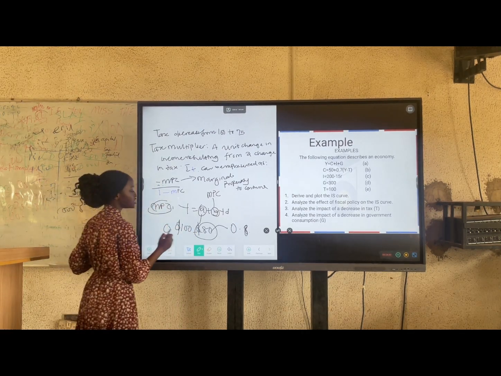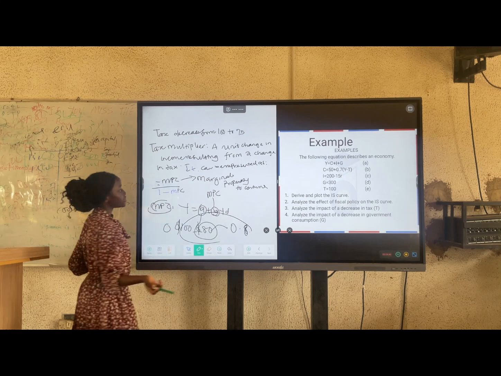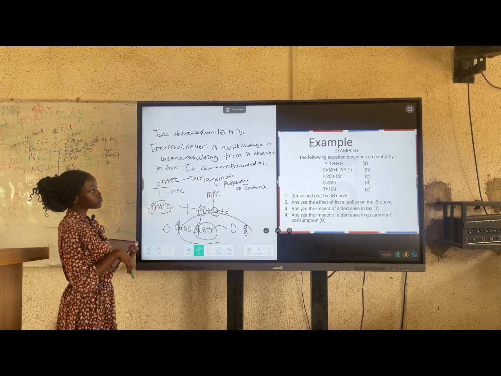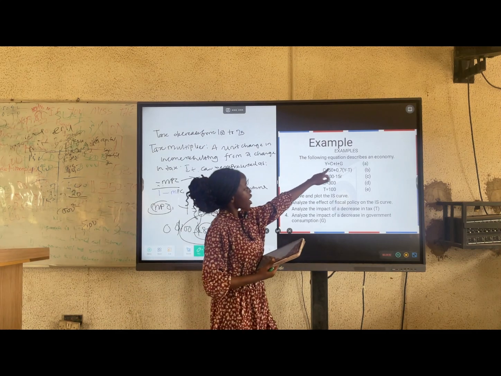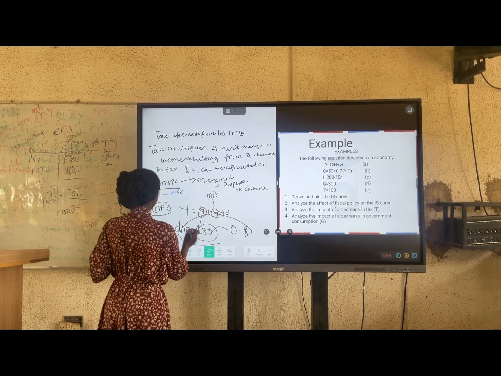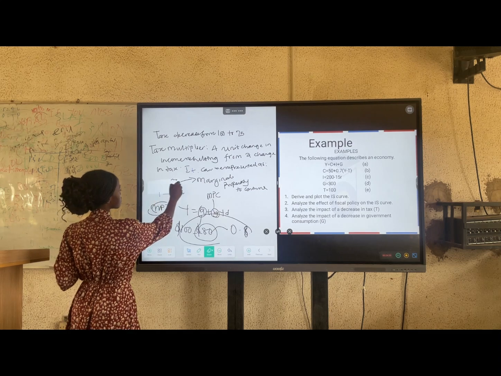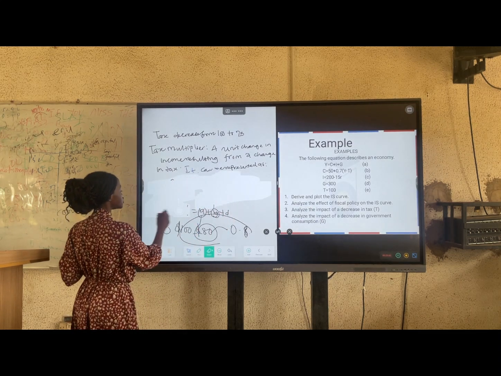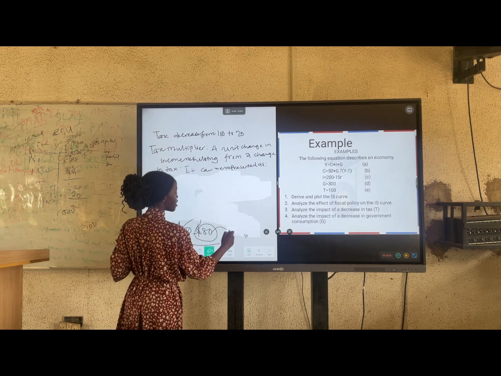So this is my marginal propensity to consume. Why am I explaining this? Because we need to derive our MPC from the equation given. This is just an explanation, so I have to use it.